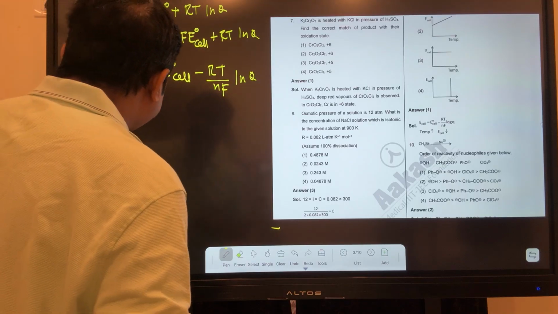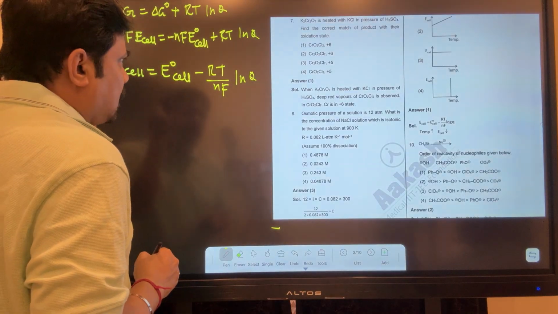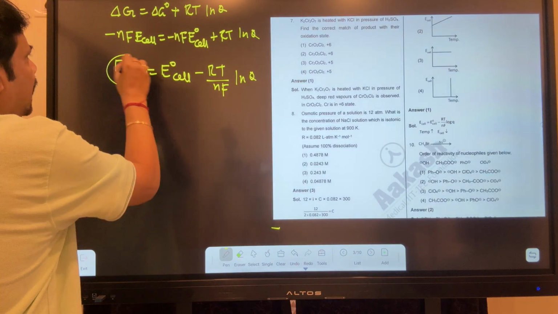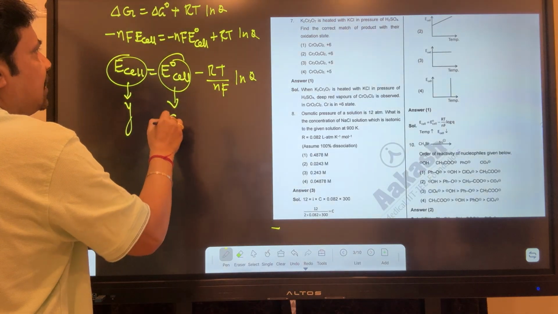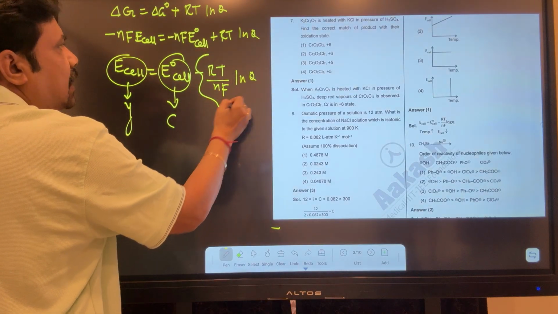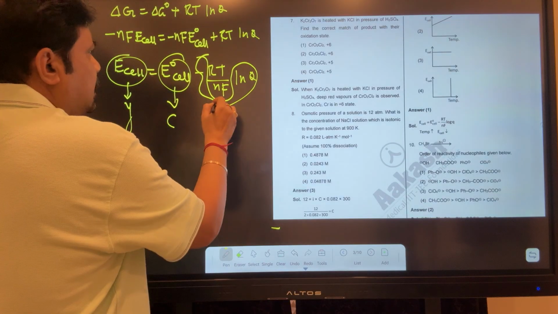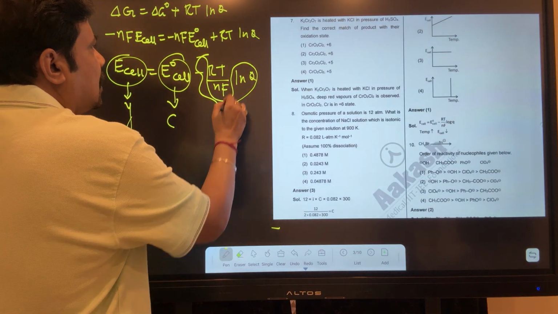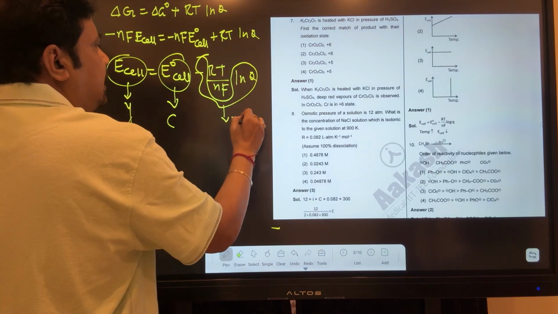Now they are asking for the E cell versus temperature plot. E cell is my y, this will be my c, and this entire part except T is m, the slope, which is negative, and then x.